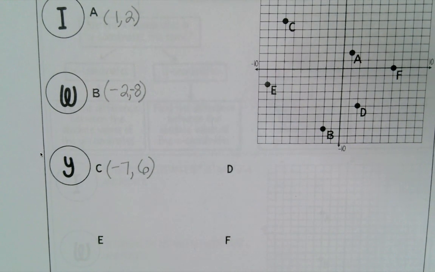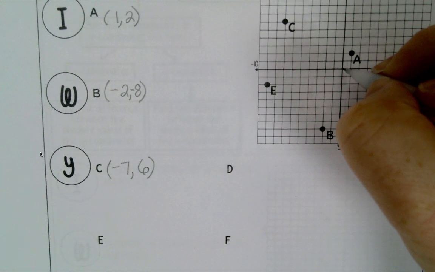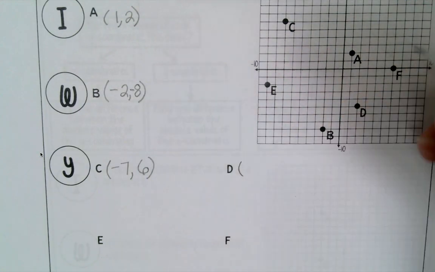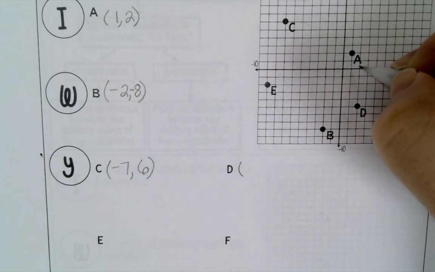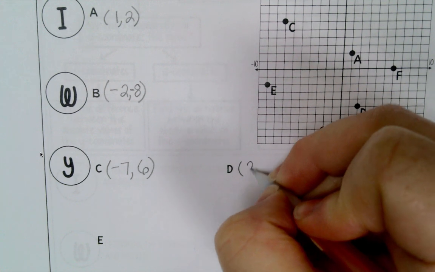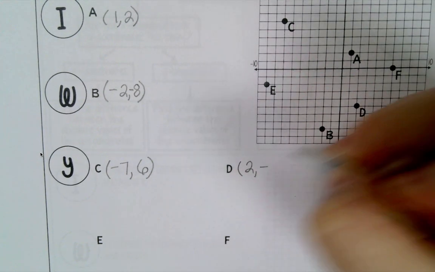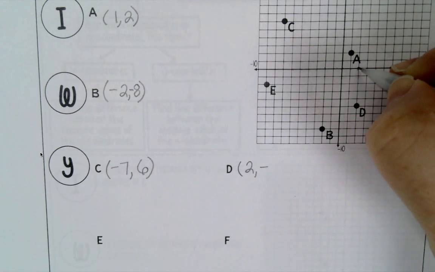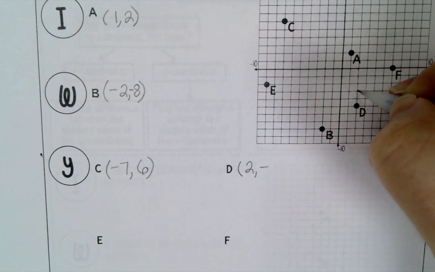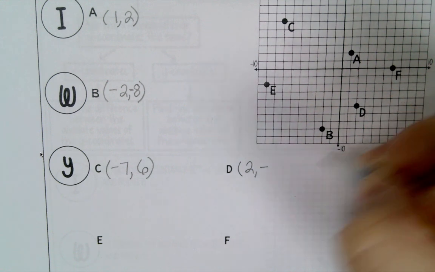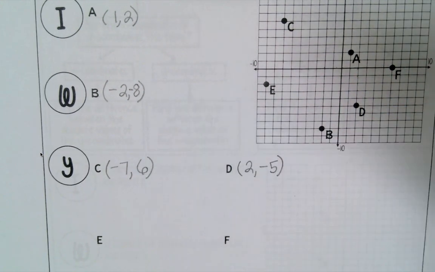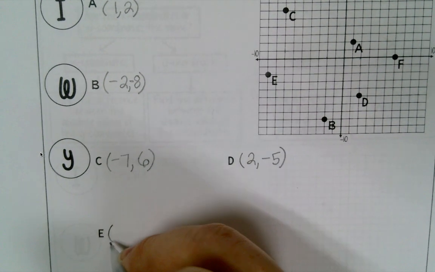Letter D, starting from my origin. I'm going to go to the right, so it's going to be positive. 1, 2, positive, and then counting down so it's negative: 1, 2, 3, 4, 5, negative 5. Letter E, back to your origin.